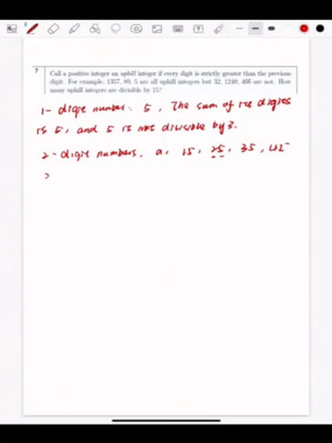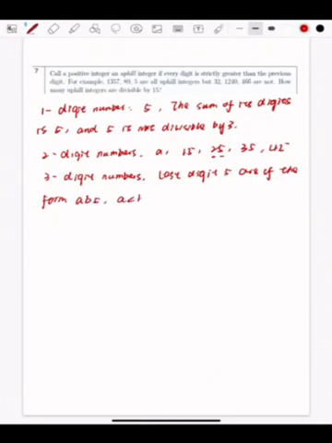Okay, and for the 3-digit numbers, the ones with last digit 5 are of the form AB5, right?